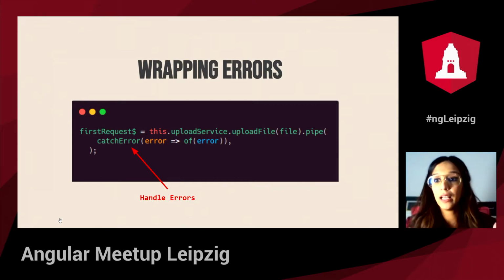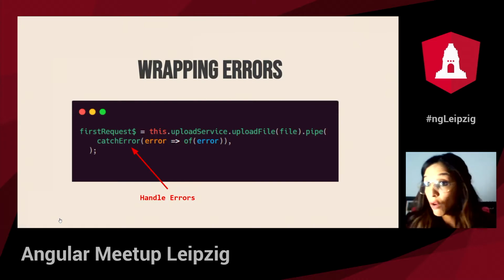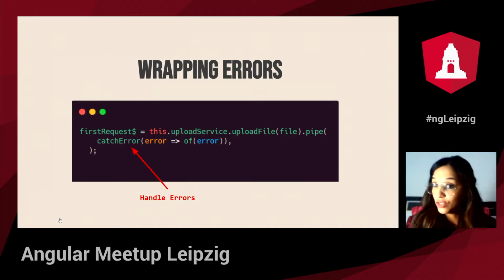This error happens, no problem, I will wrap it and send it again to my fork join stream as an observable of error. This way, the fork join will not get upset. It will continue working, and at the end it will return the successes and the errors.